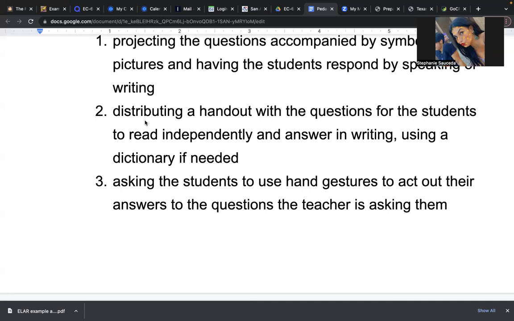If I not only handed out the paper, but I also explained it, like I read out loud and then clarified, that's the audio portion of it, right? Me expanding on it, but they didn't even do that here. They just said, here, use a dictionary if needed. If they aren't good independent readers, will they be good independent dictionary users?